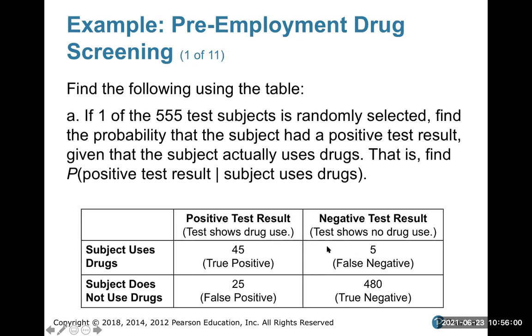You're finding a positive test result out of, whatever is after given, you go to that population. Given that it's coming from this population, given that that person uses drugs, it's one of these 50 people. Positive test result is 45 out of 50.